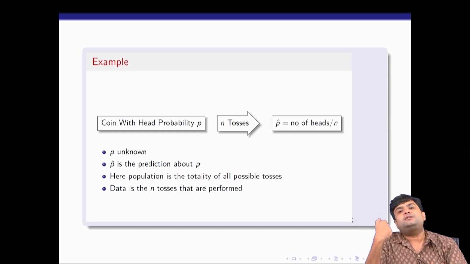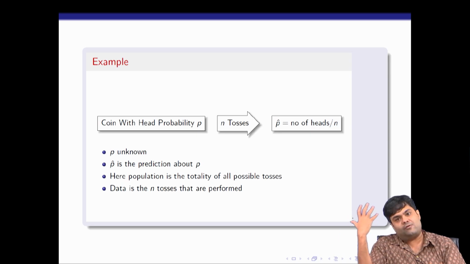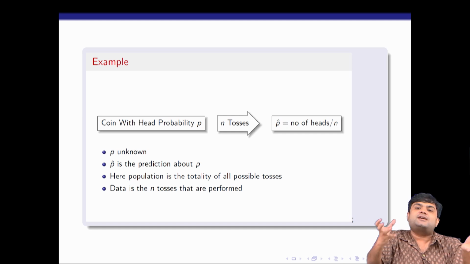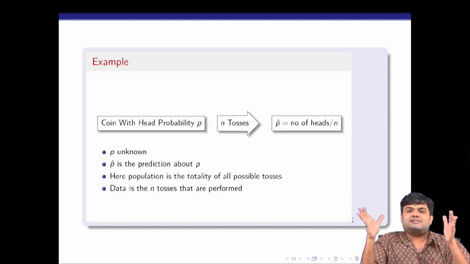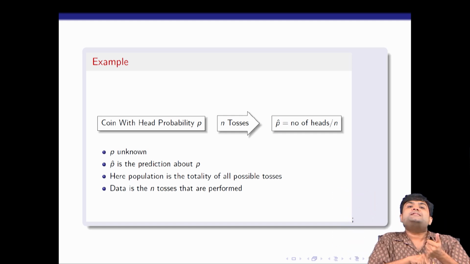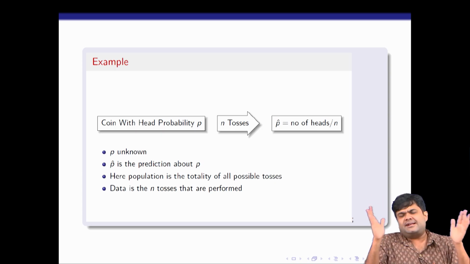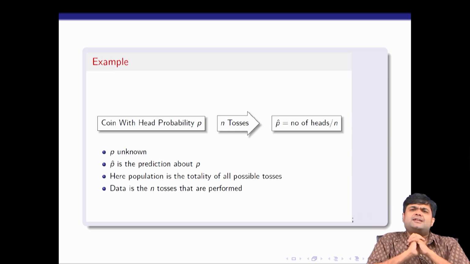There is a certain intrinsic value, as per the law of nature, that if you do it a large number of times, the proportion of heads will tend to be something stable. You want to predict that value P. This is a very tailor-made, small artificial situation, and the scenario can get far more complicated, but it gives you an indication of what we do.